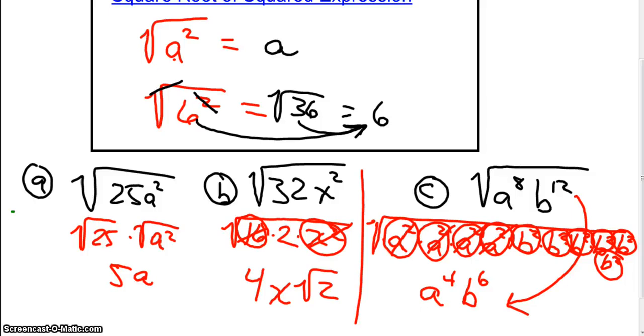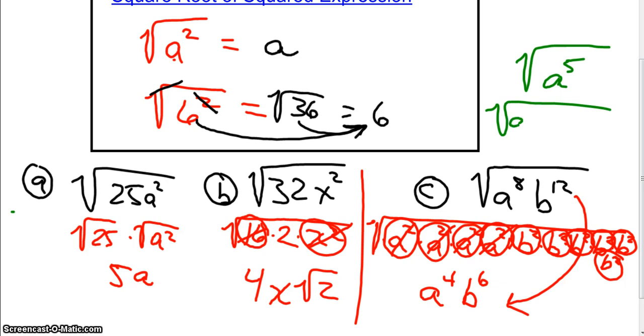Okay, and then here's another little example that wasn't here. But what would you do with, let me rewrite that, the square root of a to the 5th. That's not an even number, is it? So can you expand it? How many a squareds are in here? How can you expand that? How many factors of a are there?